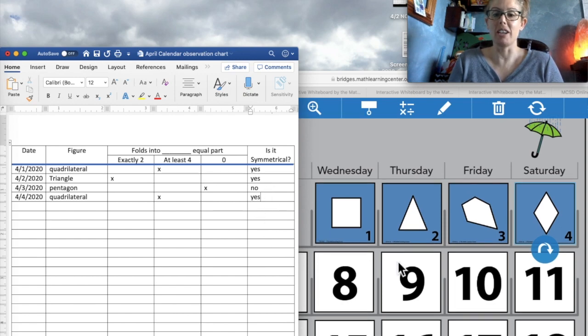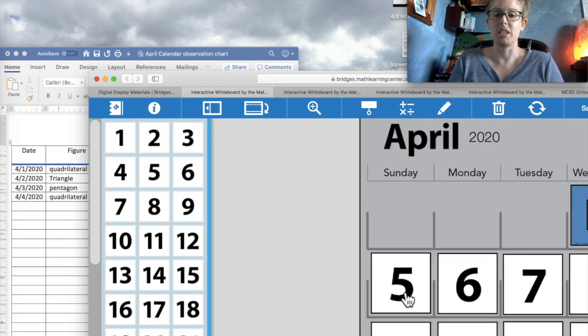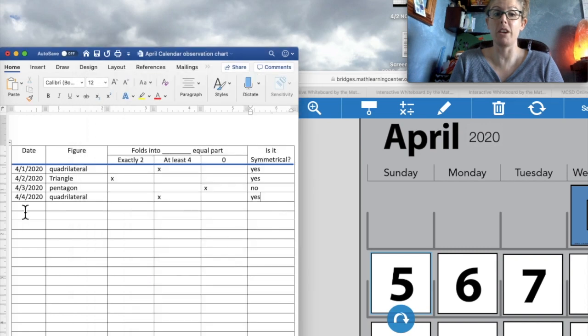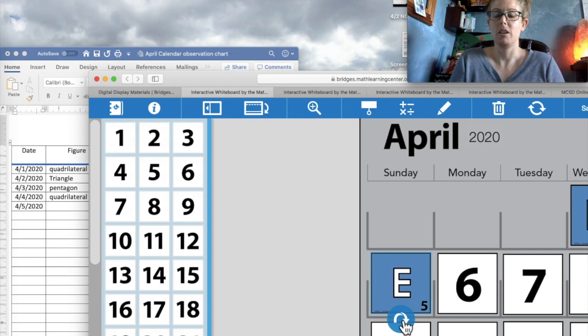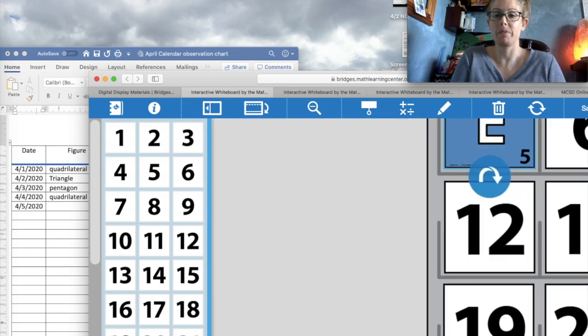Okay, let's look at Sunday. Sunday the 5th. I want you to think, what figure do you think is going to be behind that number 5? I put in the date of Sunday. Flipping it over. Ooh, we have a figure that's the shape of the letter E. Looking at the letter E there, let's make it a little bit bigger.